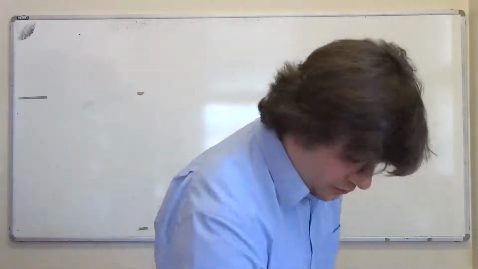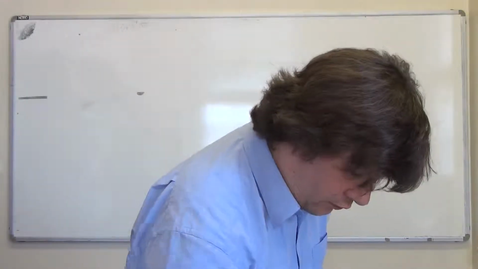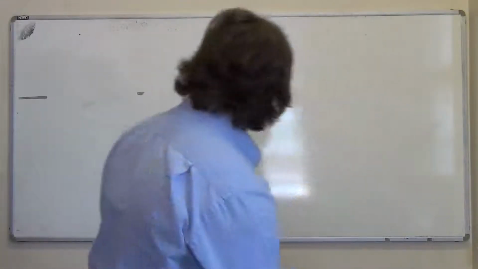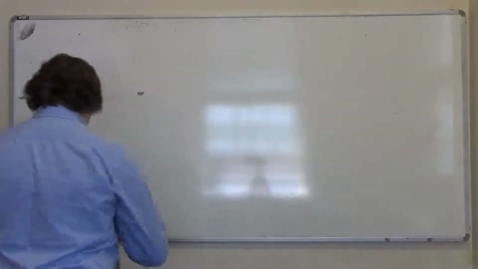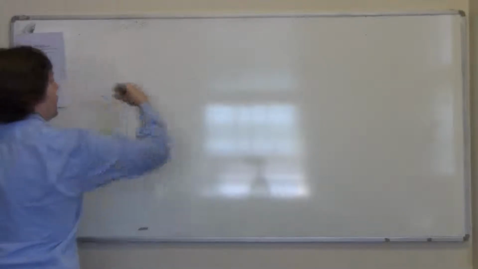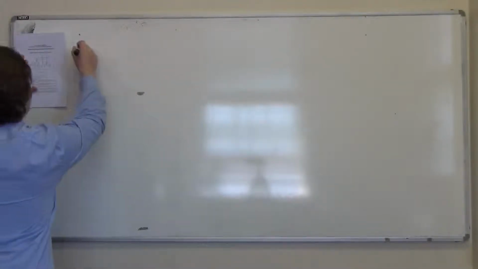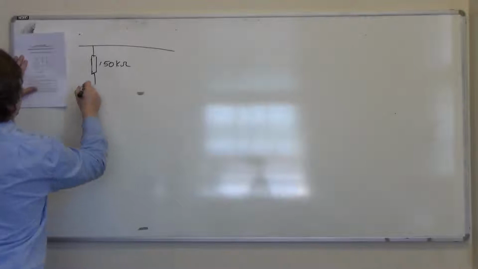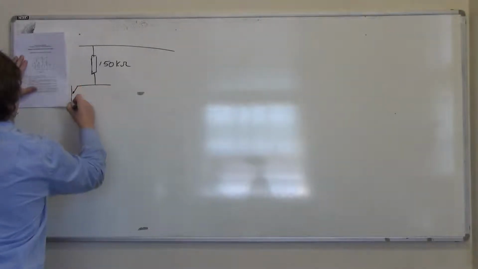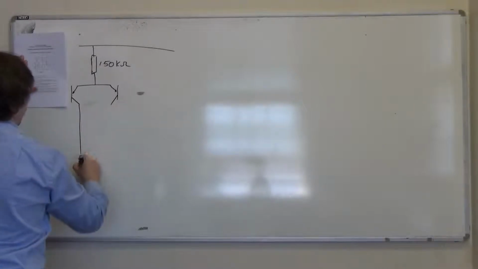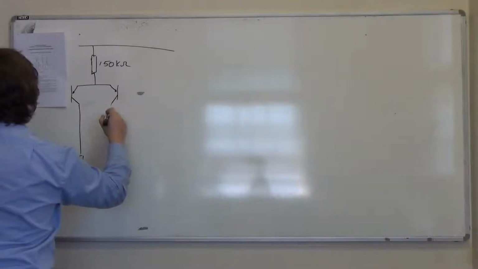So let's have a look at the circuit in question. Let's draw it in here, I'll do the calculations over there. 150 kiloohms going into a long-tailed pair, or a differential amplifier if you prefer.